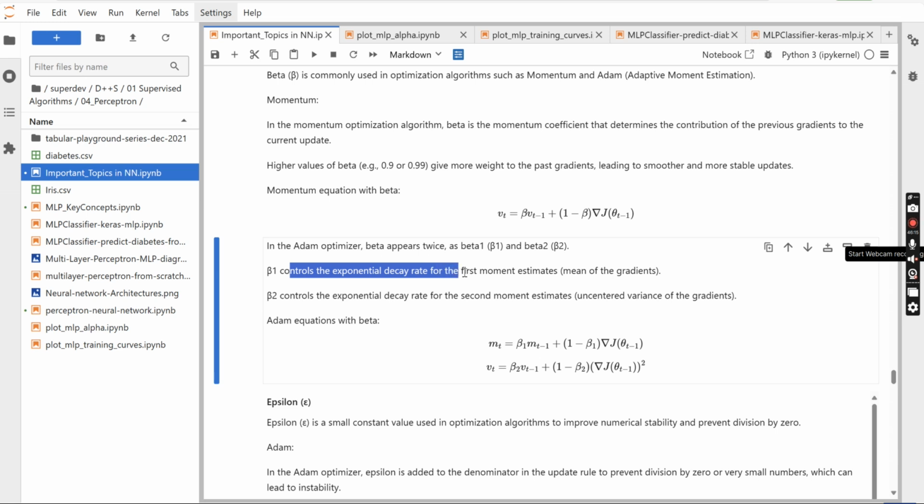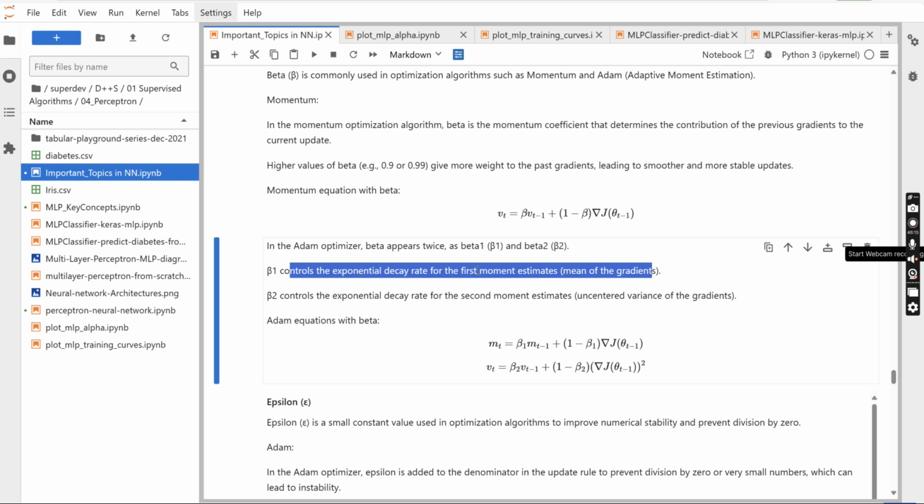Sometimes the value becomes so small that it stops learning. We call it learning decay, where gradients become very low or close to zero. That is what beta 1 is, the first momentum coefficient.